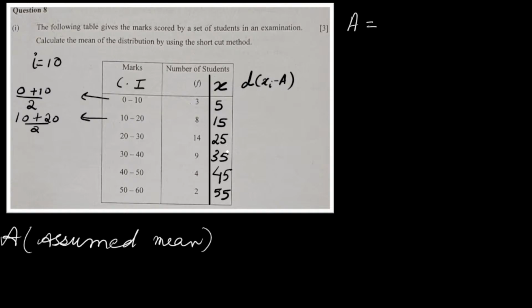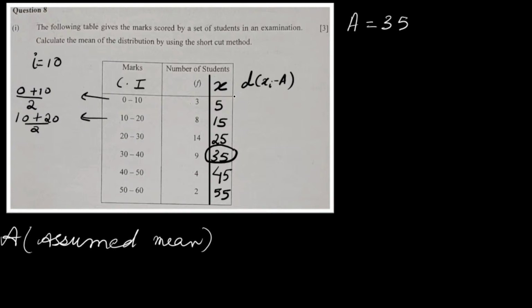Anything we can do with 25 and with 35, both the answers will be the same only. So I'm just going to assume a as 35. Yes, we can take 25 also. Likita has given 25, so with that also we will be getting the same answer.